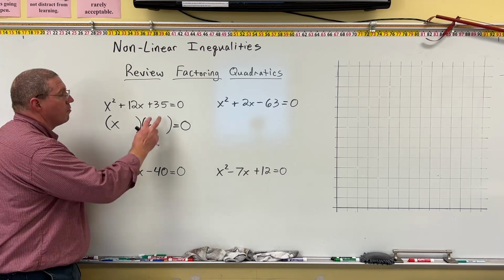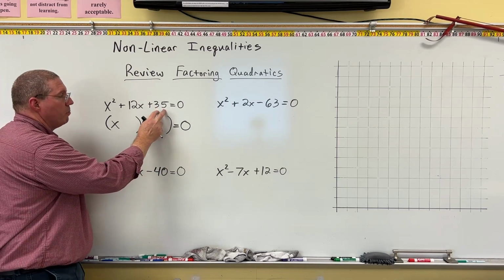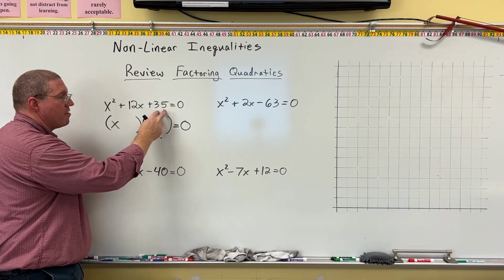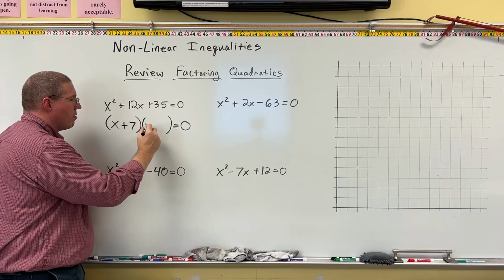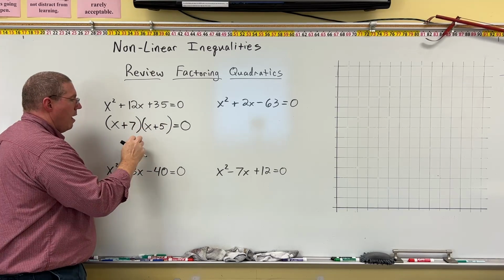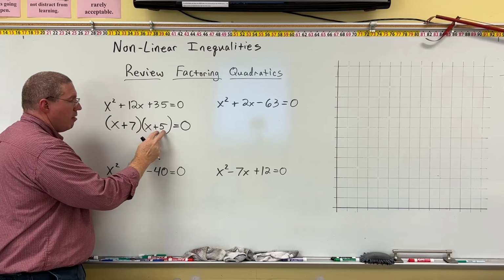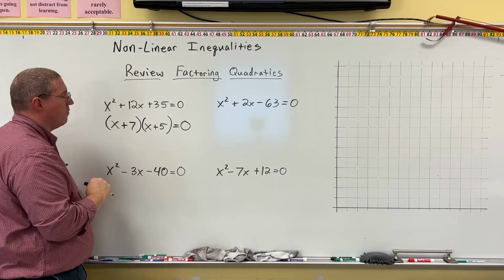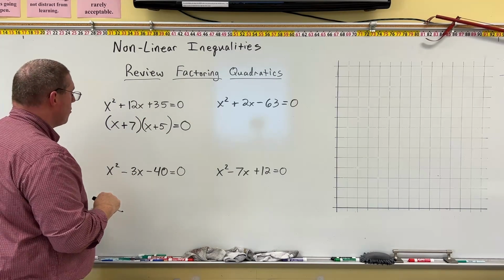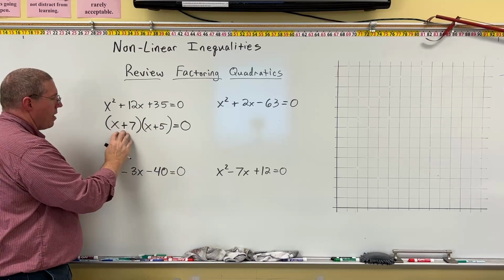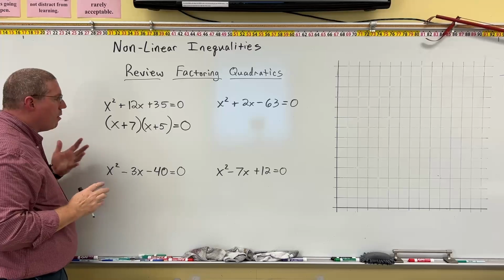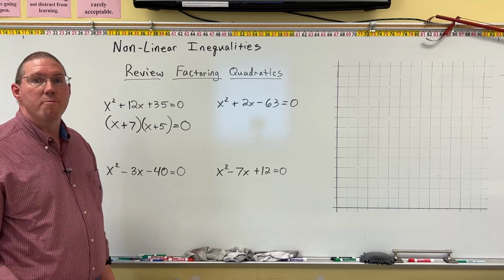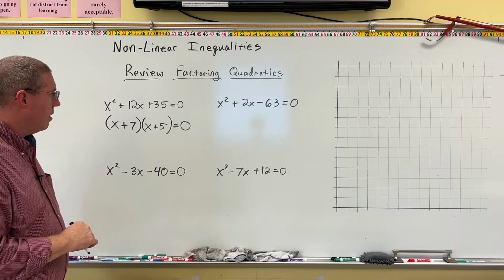You take the two numbers that multiply to 35, positive 7 and positive 5, and put them right here. Positive 7 plus positive 5 is positive 12, so this factored becomes x plus 7 times x plus 5. I'm also going to show you how to do this on Desmos right after these examples.